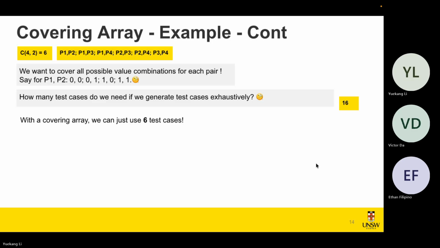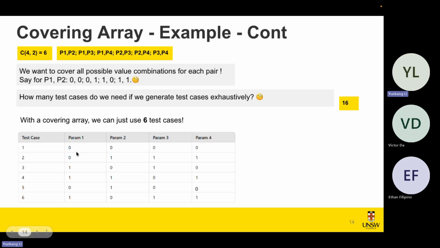But with the covering array, we only need 6 test cases to cover all the possible patterns taken by each pair of input parameters. Let's see why.